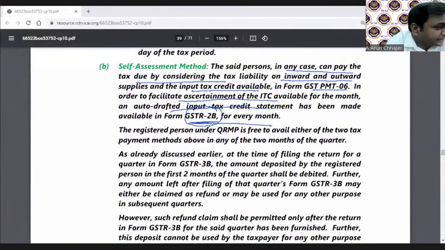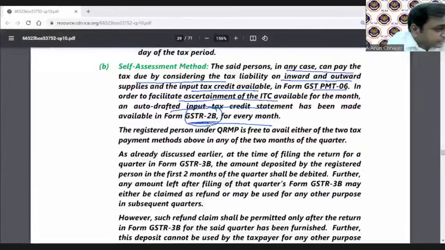In self-assessment, can the seller appoint a CA now? Not required. You yourself very well know how much is the outward supply and how much is the ITC, so you can calculate. Normally, for self-assessment, they do not appoint any chartered accountant.